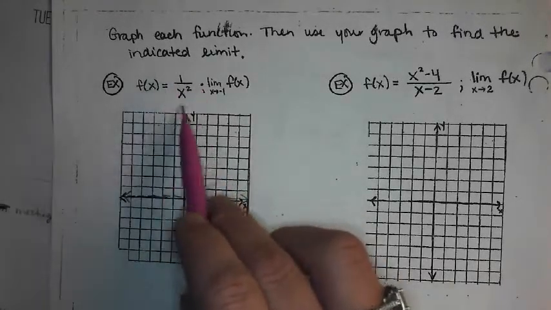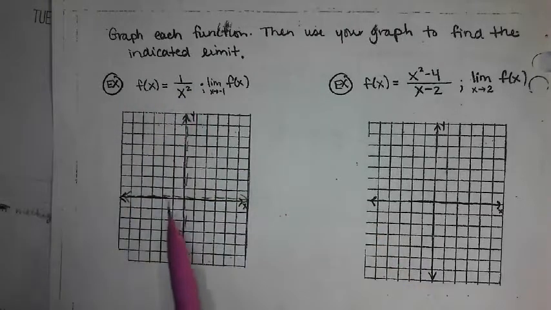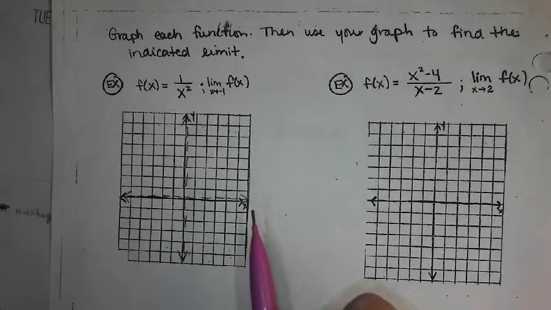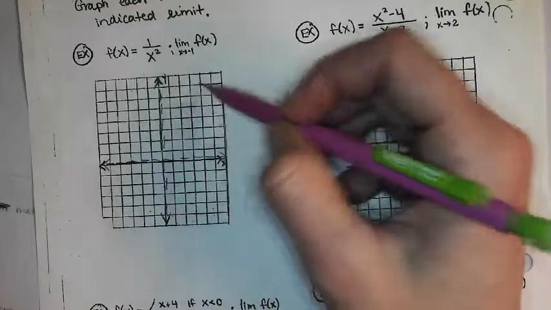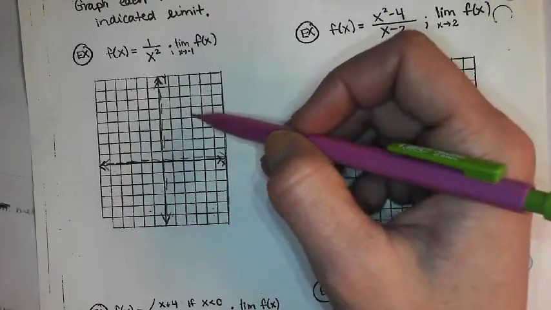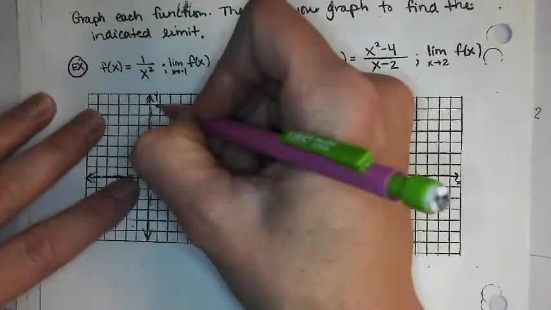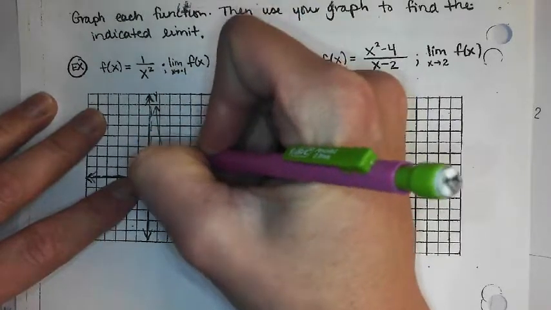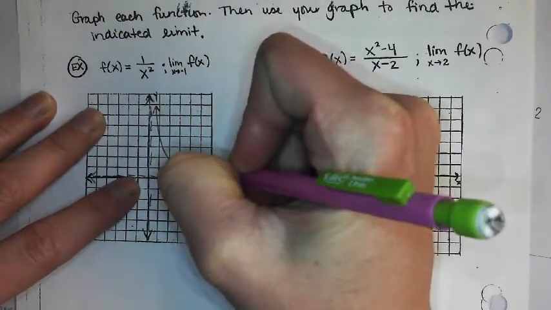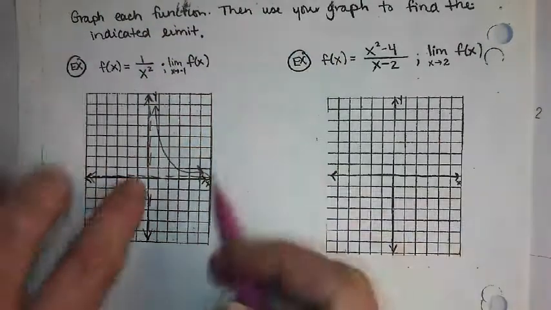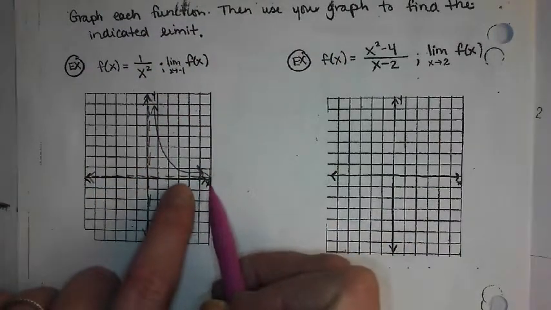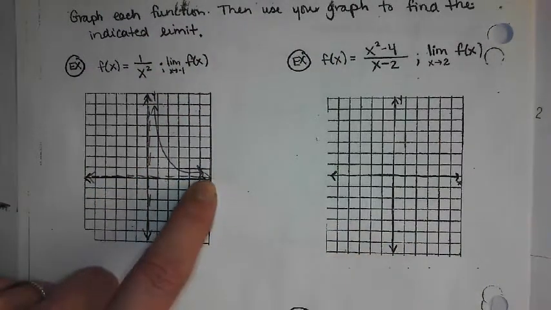If you plug in a 1, is that going to give you a positive output or a negative? Positive. So it's going to put you in this first quadrant, which really tells you everything you need to know for this sketch. It's approaching positive infinity, and the end behavior is being guided by that horizontal asymptote, right?